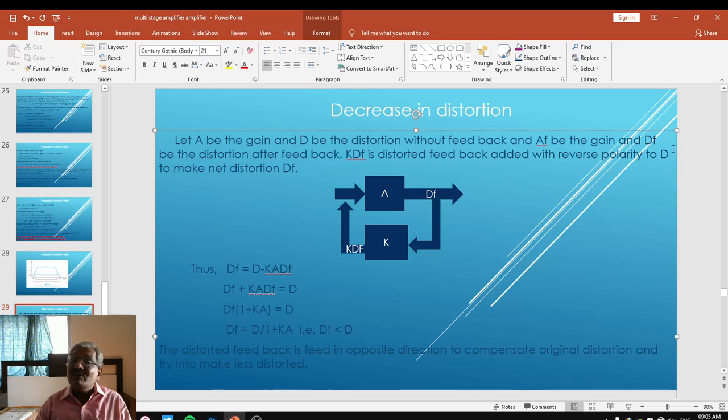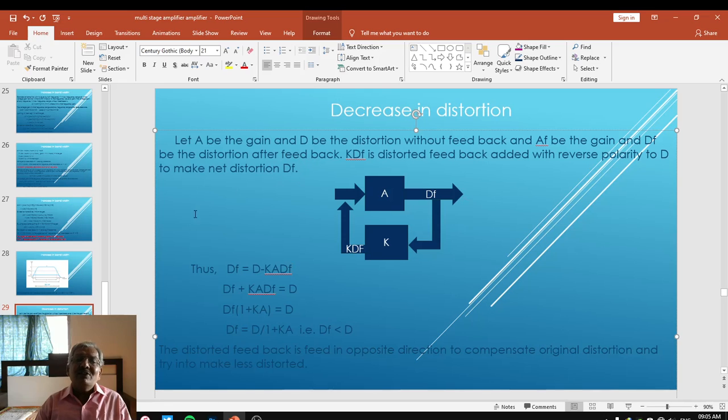D is the distortion without feedback, DF is the distortion after feedback, K into DF is the distorted feedback, and it is added to the original distortion with reverse polarity, meaning it is subtracted from the original distortion to make the net distortion DF. When you subtract KDF from the original distortion D, we get the net distortion DF.